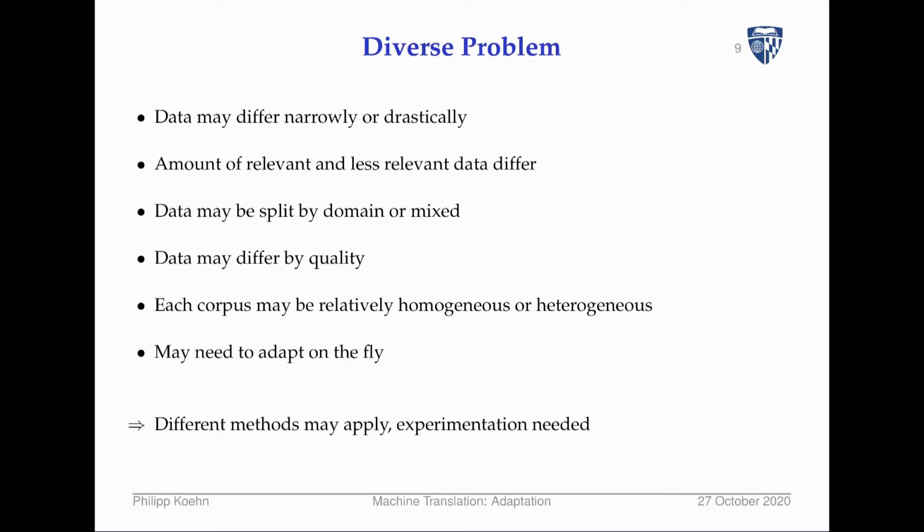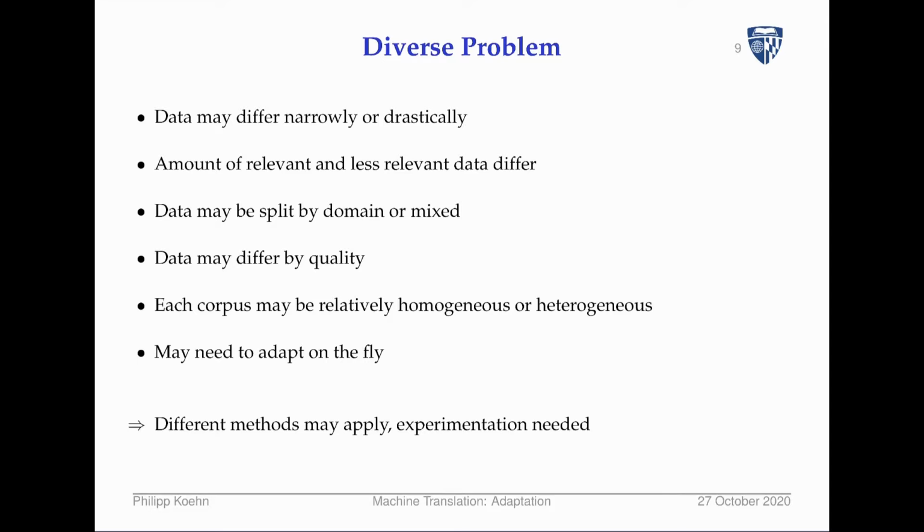They're all kind of newsish, they're all kind of political, so they're not as different from each other. So the amount of relevant and less relevant data may differ. You want to target a system towards a very particular task, and there might be a lot of relevant data for this task, or very little, or maybe not even existing data for the task.